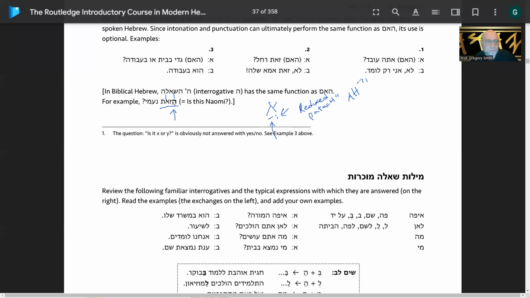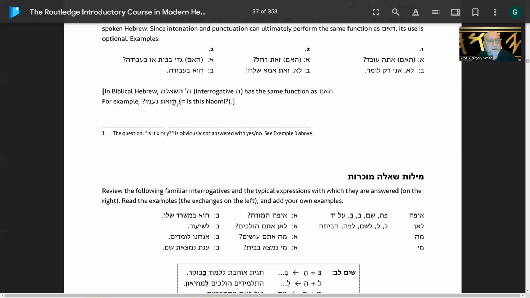So it's kind of like hazot, and then here's the proper name, Naomi. The technical name for this is hataf patach. I just like to point those out sometimes.